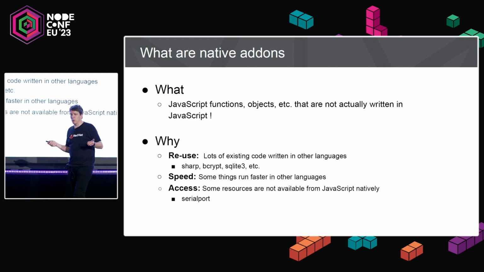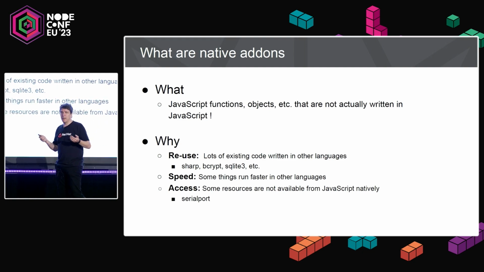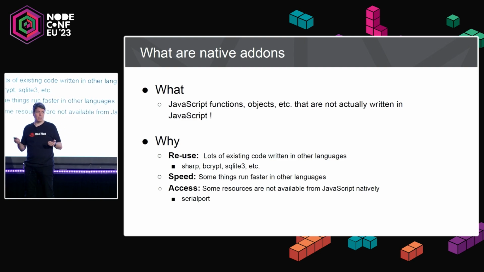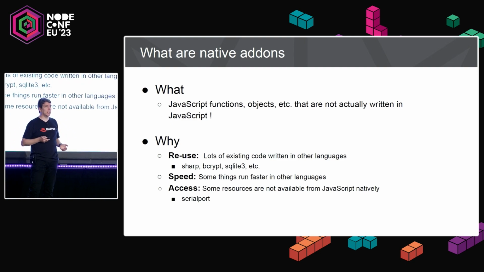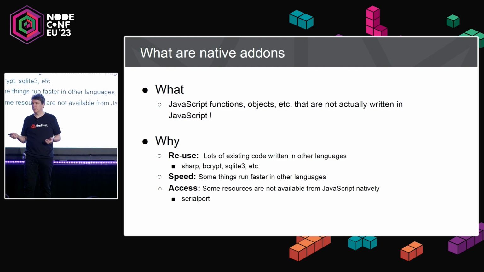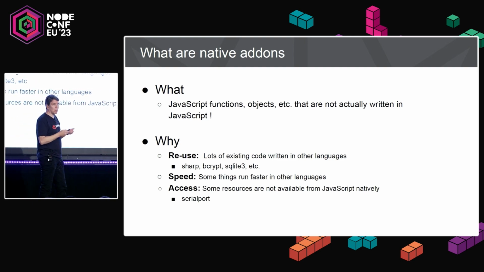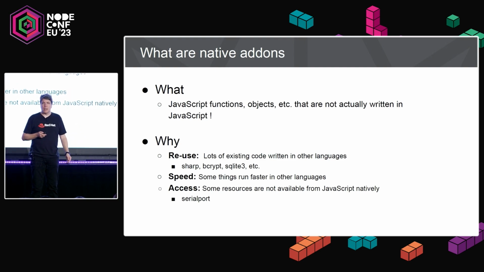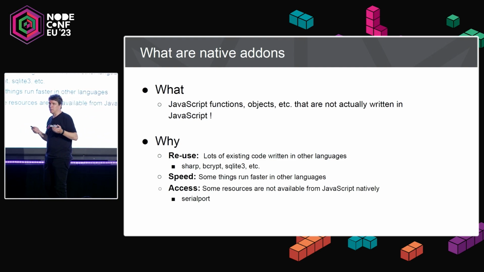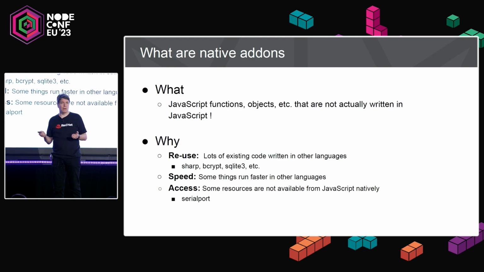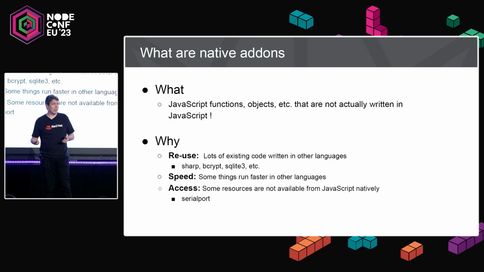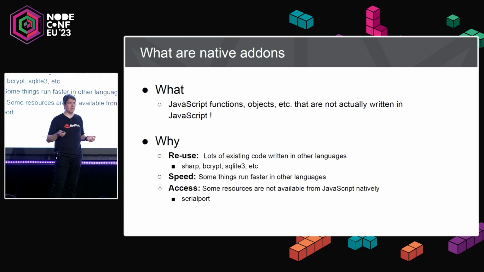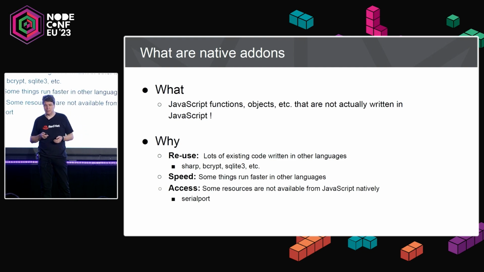So why would we want to do that? As Brian mentioned, there's a lot of code out there, and sometimes it's just best to reuse that existing code versus having to re-implement it in JavaScript. So there's lots of components we just want to wrap up and use. Another good reason is speed. There are some things that will just always run faster in a compiled language versus JavaScript, even with all the great advancements we have in the V8 JavaScript engine.